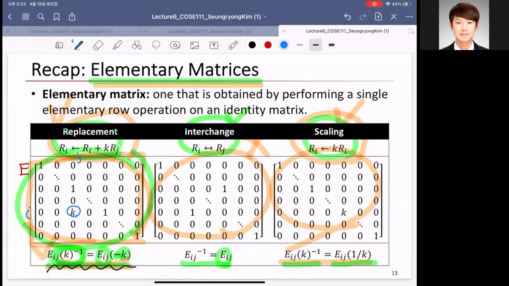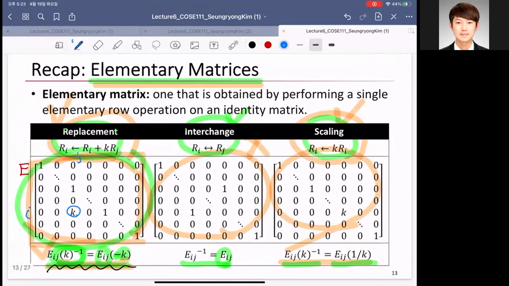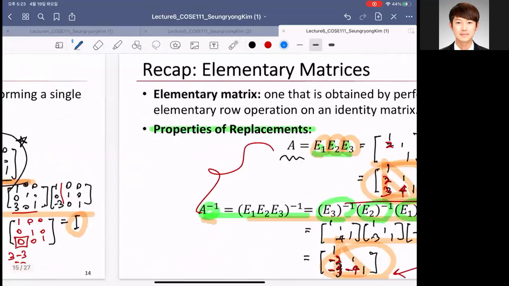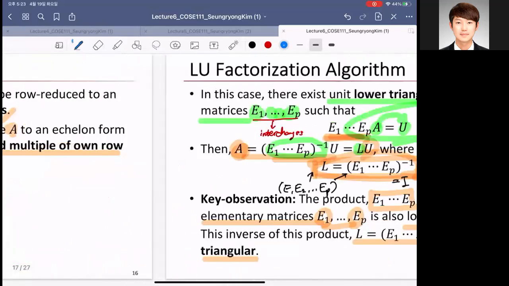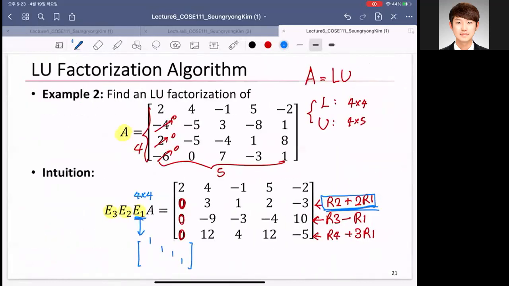Then, in this case, maybe 2 plus 2 should be, right? So R2 should be 2, 1, 0, 0, right? And the remaining part should be 0. All the up diagonal part and other part except for this position, right?